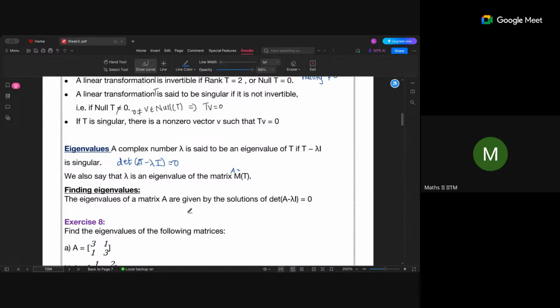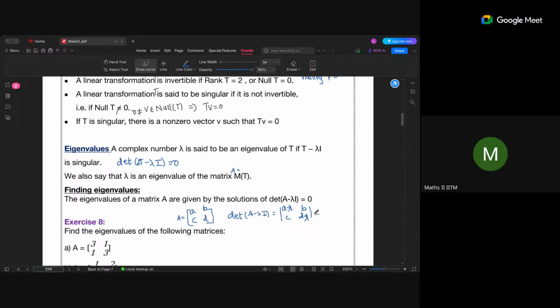Let's say you have a 2 by 2 matrix A, B, C, D. This is your A. Now, what is determinant of A minus lambda I? It is the determinant of A minus lambda, B, C, D minus lambda.